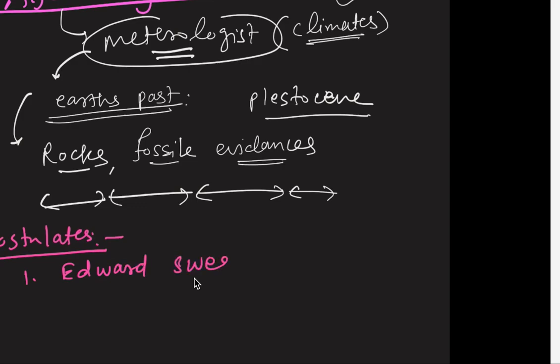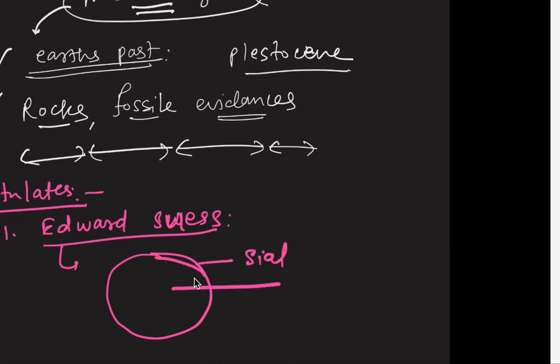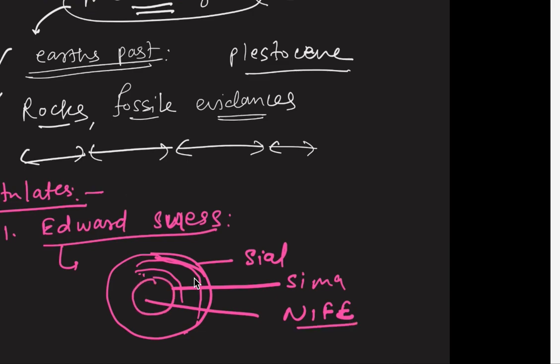Edward Suess. What Edward Suess said, we saw yesterday. Edward Suess says that the earth is made up of three layers. The first layer is called Sial, the second layer is called Sima, and the third layer is called NIFE. The first layer is the outer layer, then the inner layer, and then the innermost layer, that is NIFE.